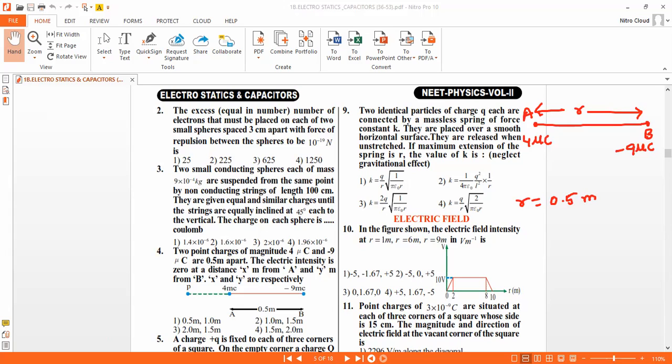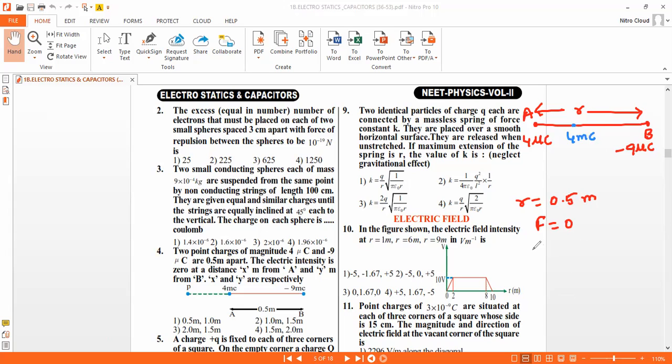That is, electric intensity means that force will be 0, at a distance x from A and y from B. They kept a third charge in between.